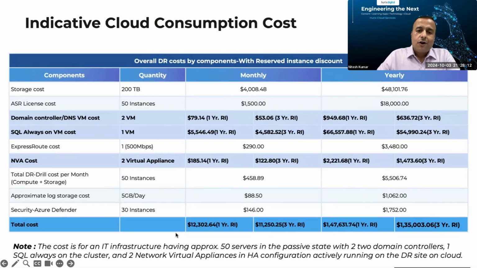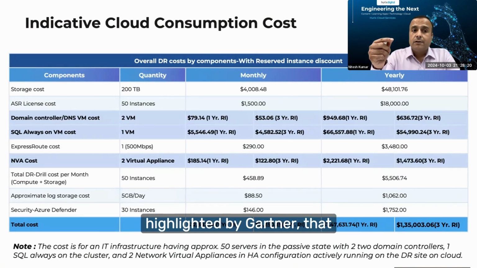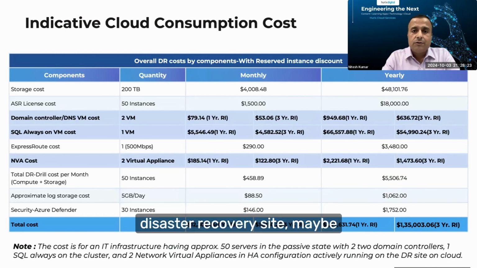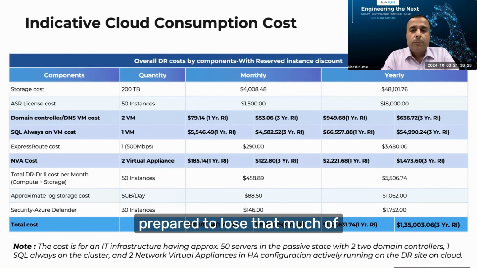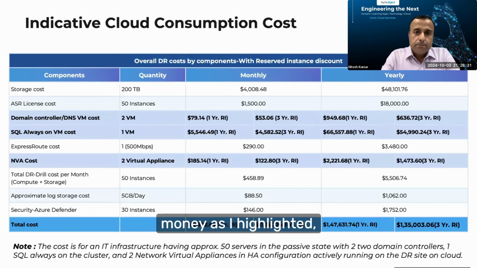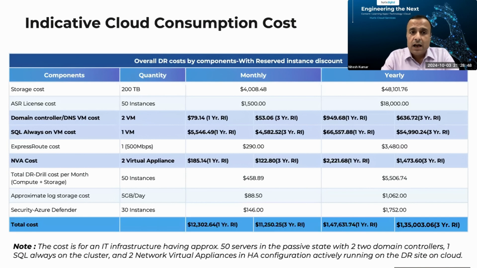But if you look at it, the cost is quite negligible compared to the losses highlighted by Gartner, that if you do not have a reliable disaster recovery site, maybe on cloud, maybe on Azure or anywhere, you need to be prepared to lose that much money, as I highlighted, like $140,000 per hour in case of any outage. So, friends, you will have to agree that this cost is nothing compared to the losses your business will have in case of any disaster failure.